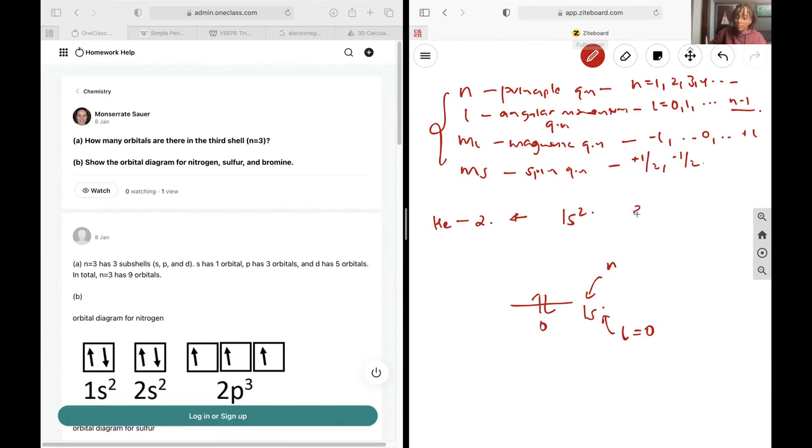If I have 3p as another example, this means that my n is 3, my p is my L quantum number, and it's specifically when L is equal to 1. And when L is equal to 1, ML can take values from negative L, so -1, 0, and 1.